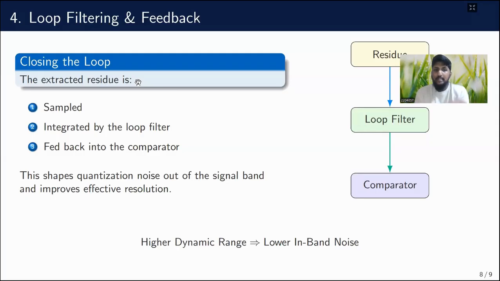As a result, in-band noise decreases, dynamic range increases, and overall ADC resolution improves very much. This noise shaping mechanism is what allows noise shaping SAR ADCs to combine high accuracy with lower power consumption.